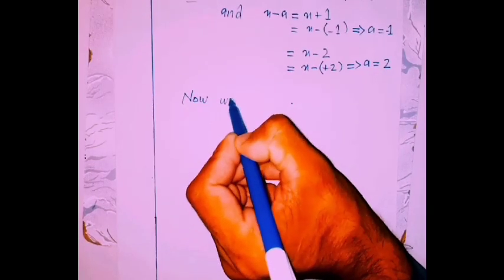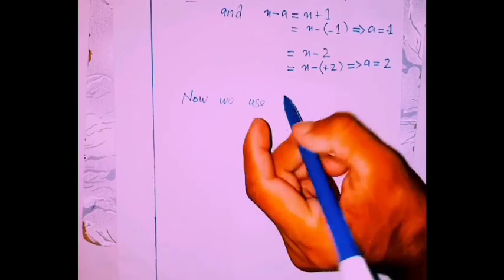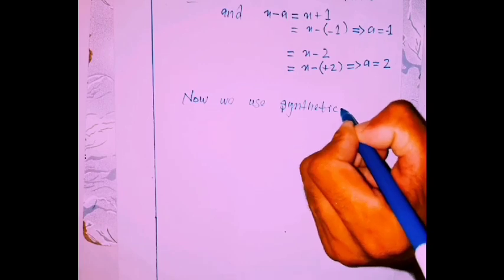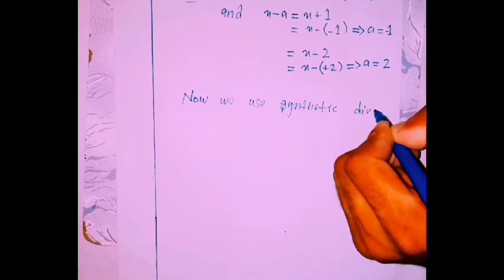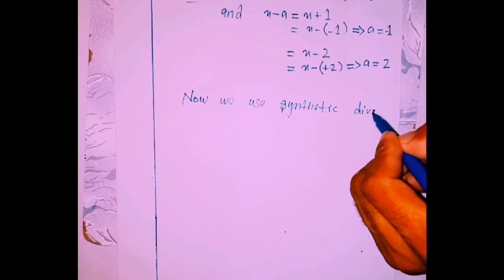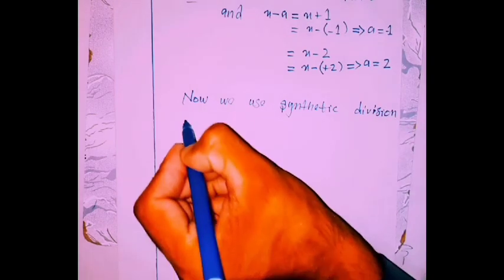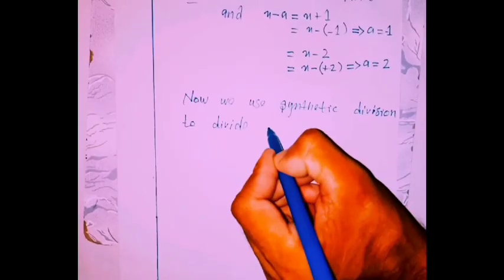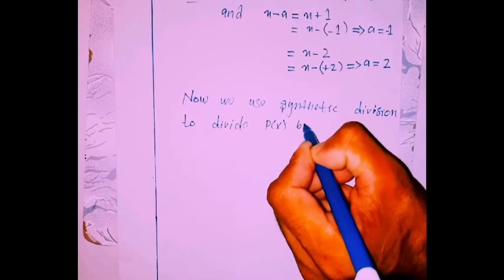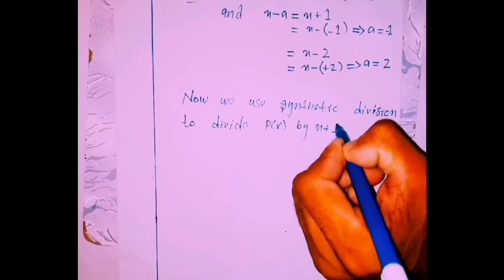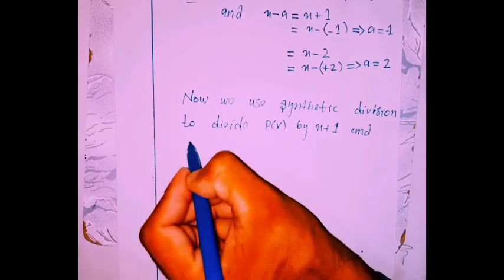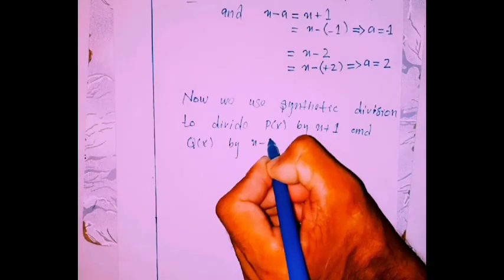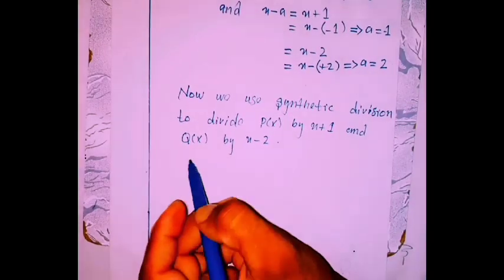Now we can use synthetic division to find the values of p and q. Now we use synthetic division to divide p of x, which is a polynomial, and q of x, which is a quotient, by x plus 1.